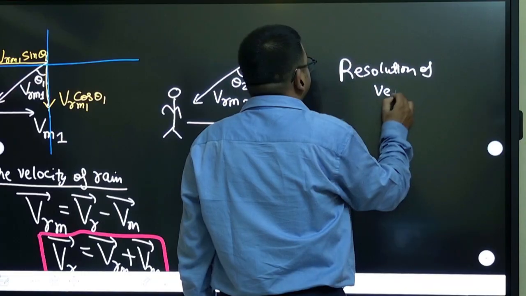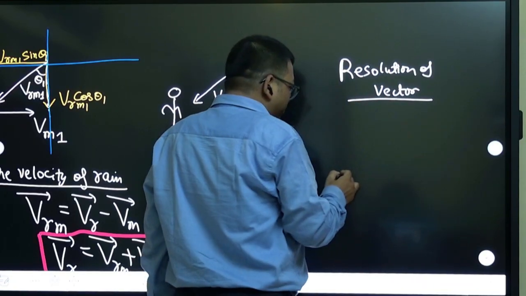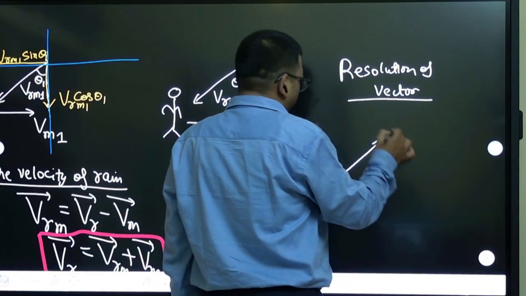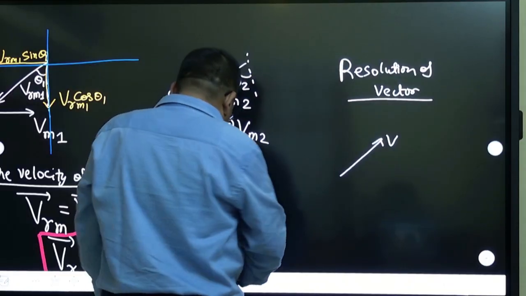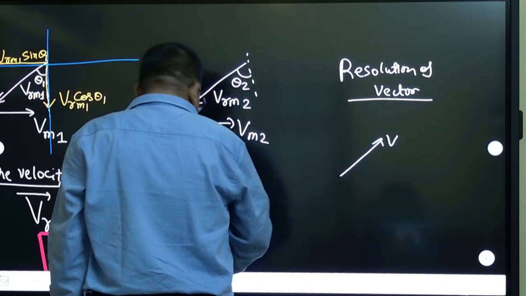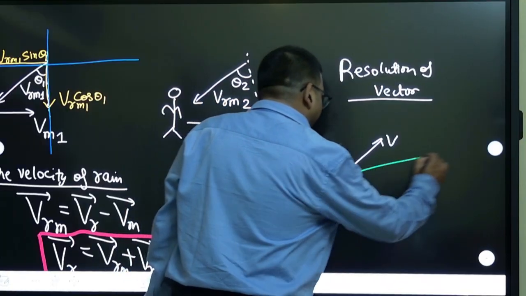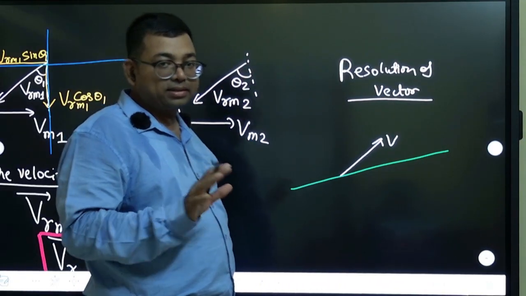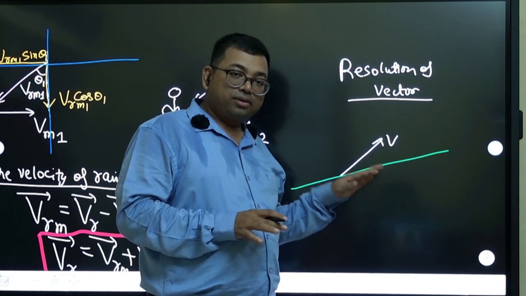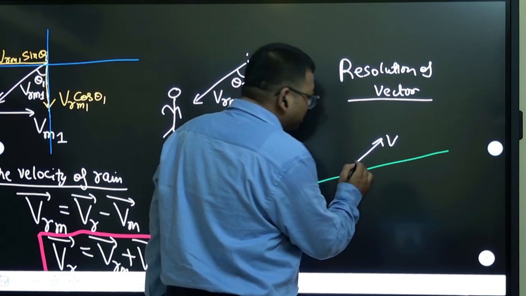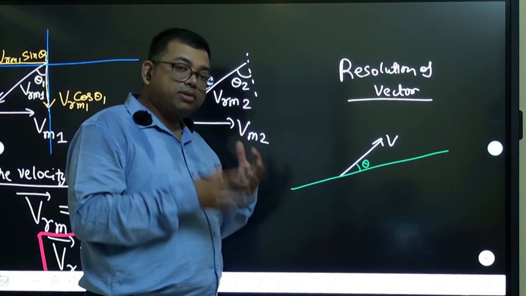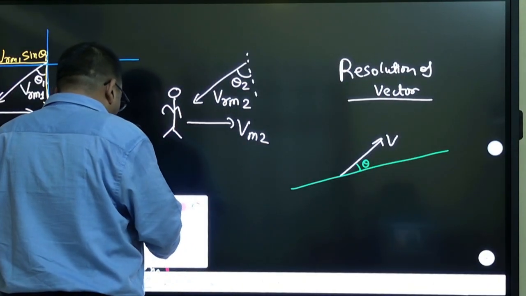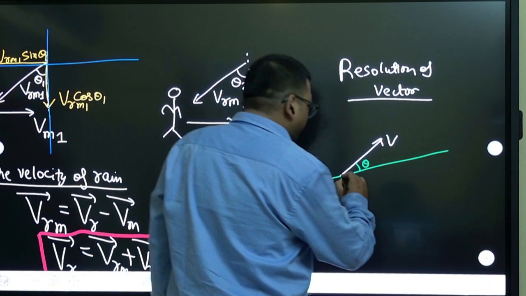Suppose this is a vector, let us say a velocity vector, and this velocity vector makes an angle, let us say theta, with this direction. This is some direction, it is not the x axis or y axis. With this direction it is making angle theta. Now how to resolve this? You have to break it into perpendicular components.